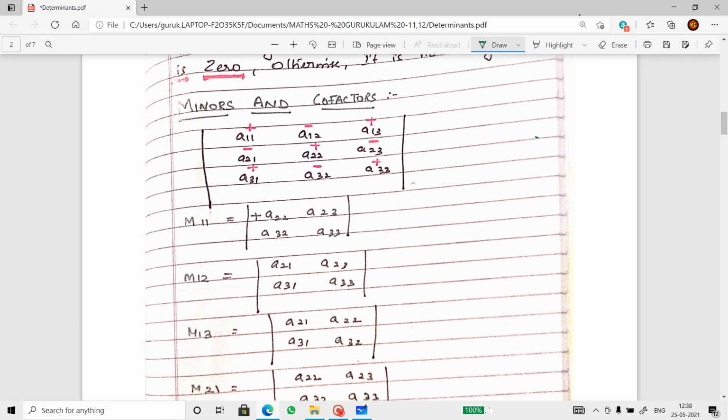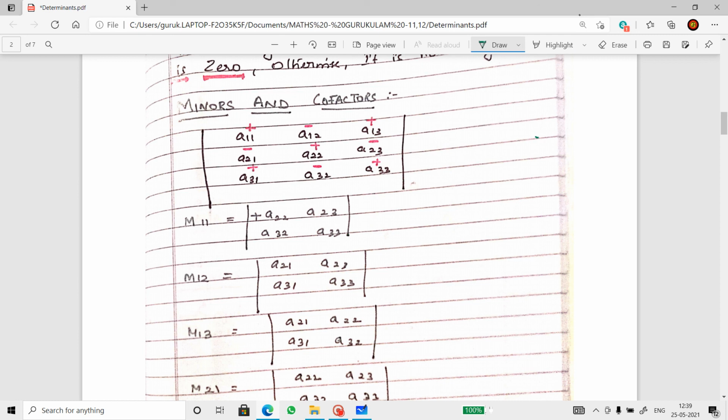If I delete, this is what remains. So the determinant of A22, A23, A32, A33. Isn't it? So that is how we find the minor of A11, and the answer is represented as M11.